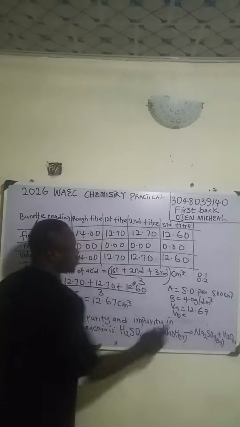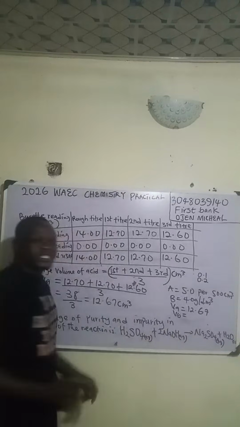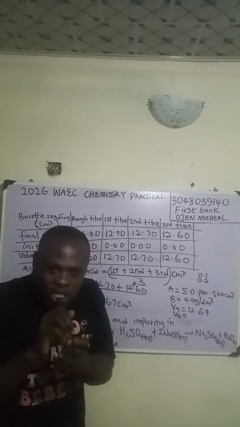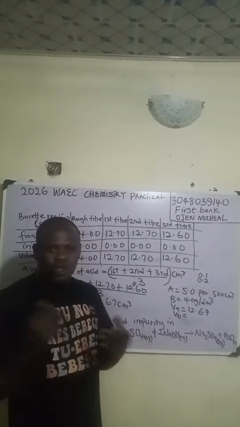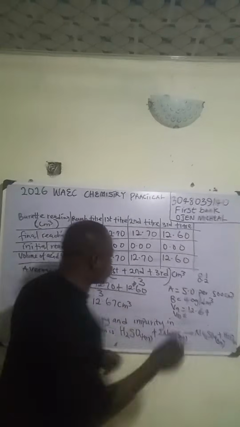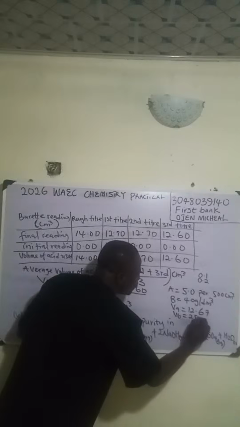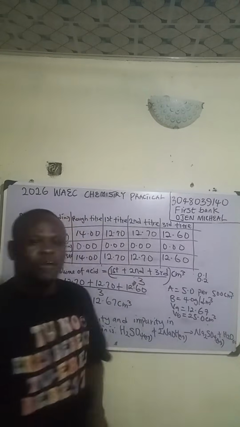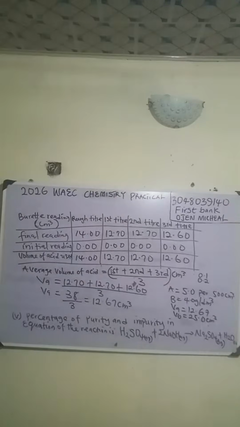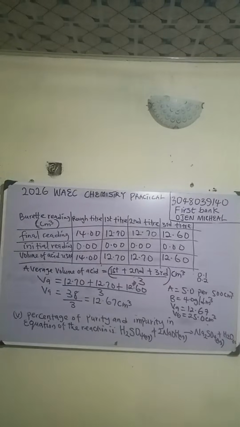I told you, VB is what you use in sucking up the base, your pipette. The one normally used in the laboratory is 25.0 cm3.